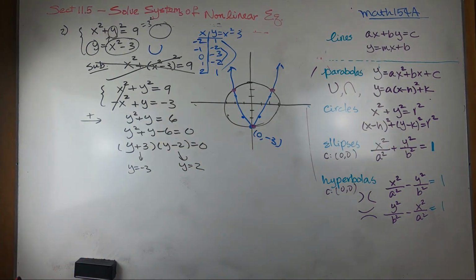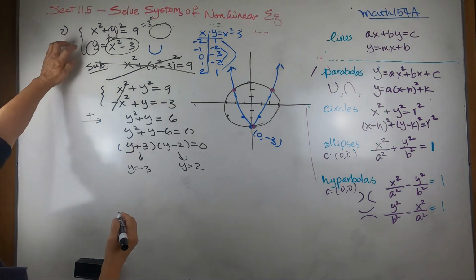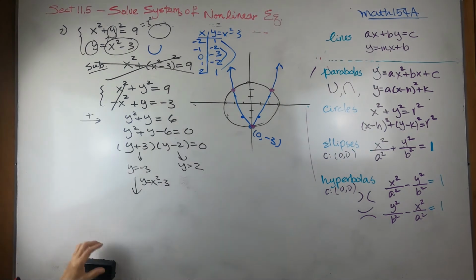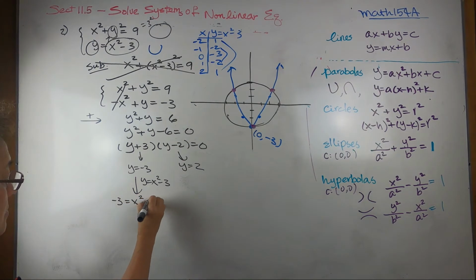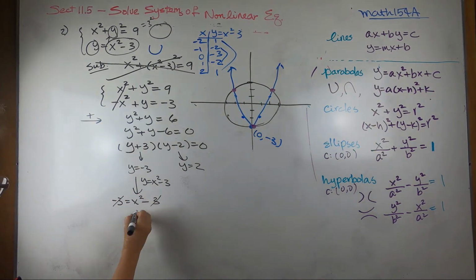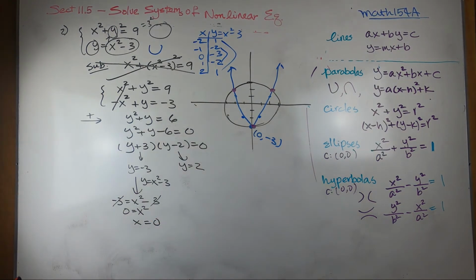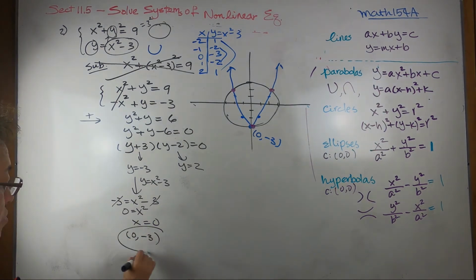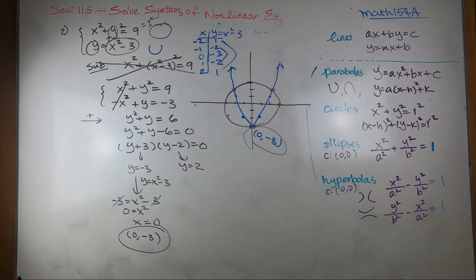But we have to find the ordered pairs. So from y equals negative 3, we can just plug into either one of them. If we plug into y equals x squared minus 3, right? Then what do we have? We have negative 3 equals x squared minus 3. Cancel out, x squared equals 0. So x is what? 0, right? So this ordered pair is what? 0, negative 3. This is one of the solutions. So that's that guy, right?